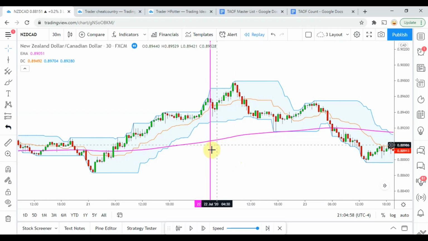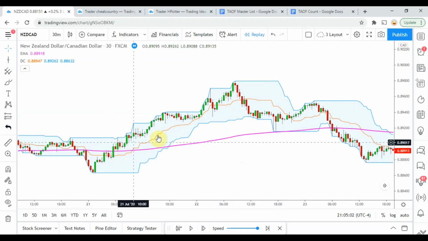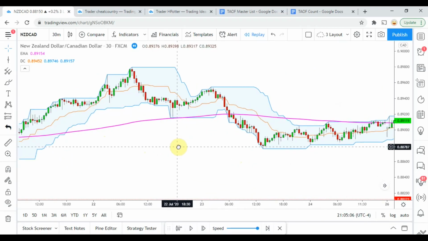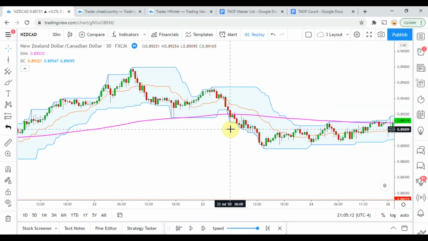It did say that you could use an exit indicator instead of just a set take profit. But we're going to test it the way they specifically said they tested it in the video. And so let's go ahead and track forward here.